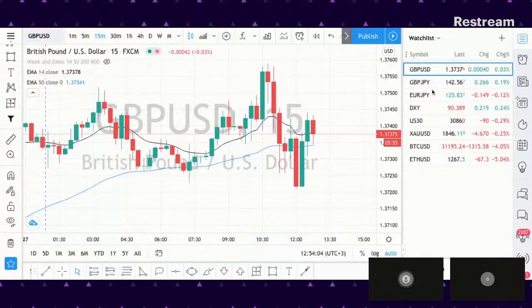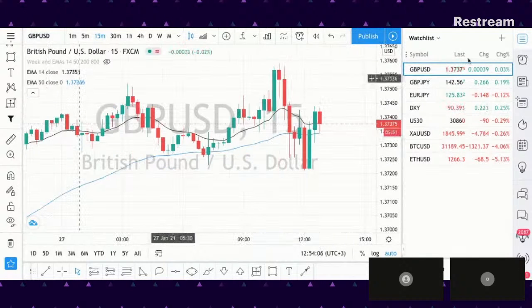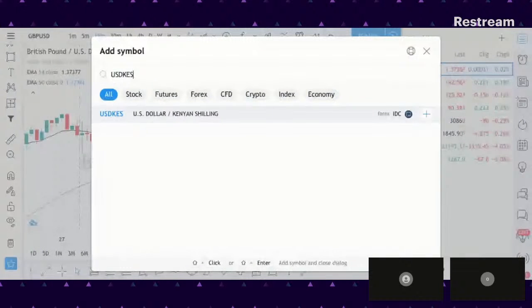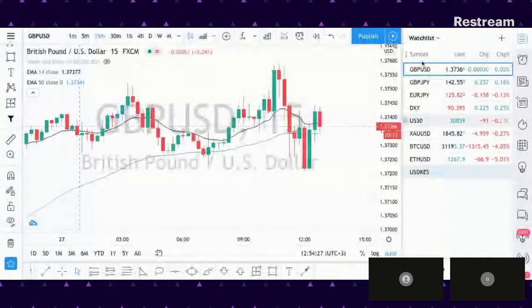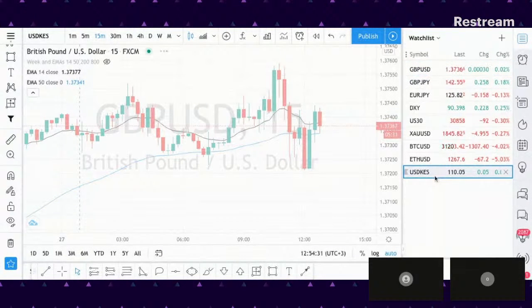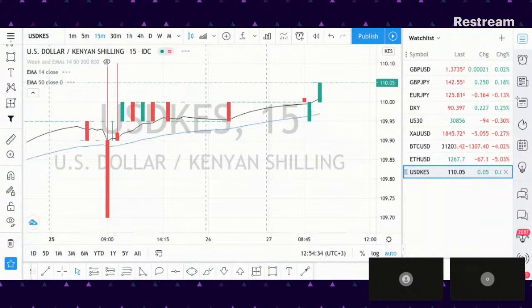Let's have a look at our Kenyan economy. USD, yes. So right now as we're speaking, oh look at this, you cannot read this one.